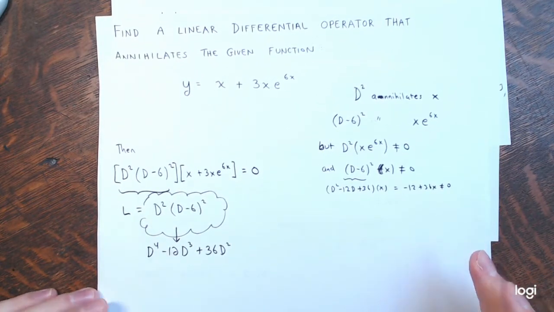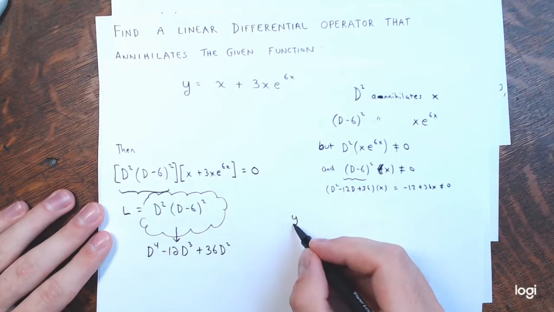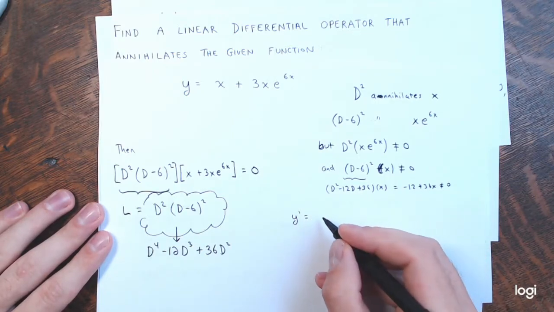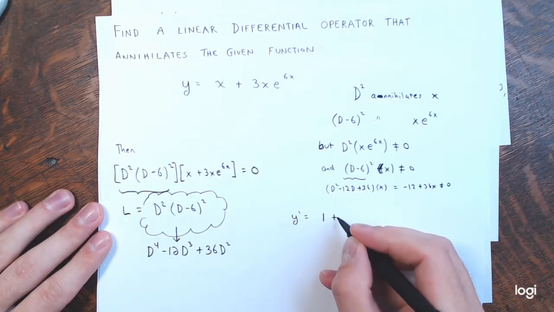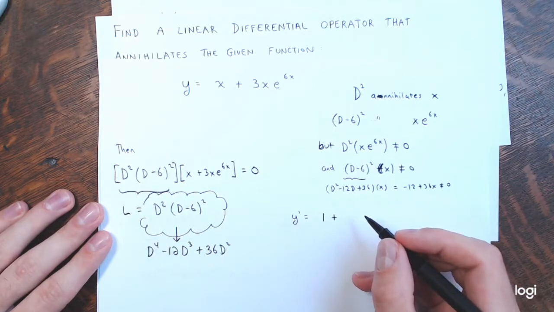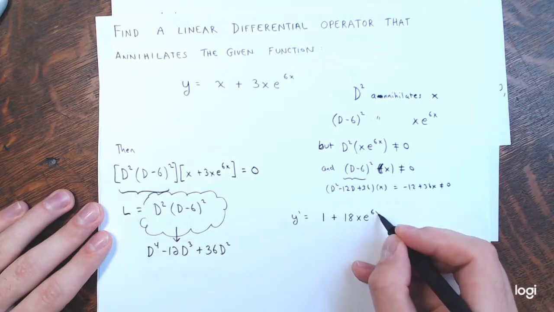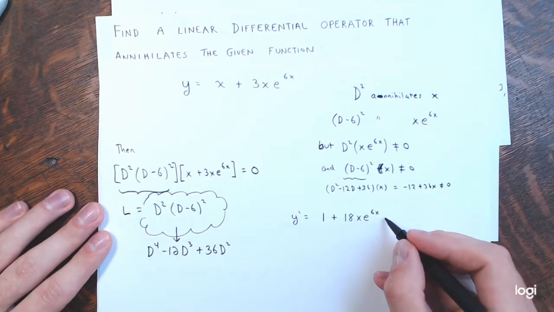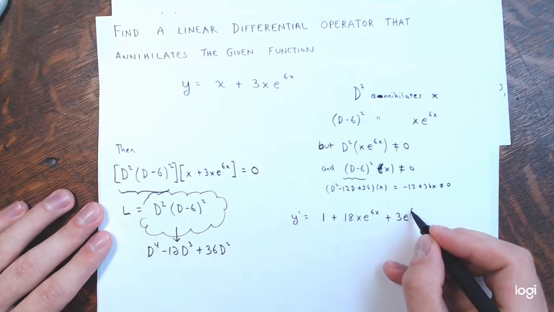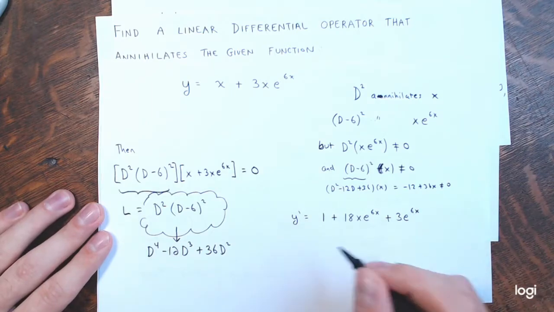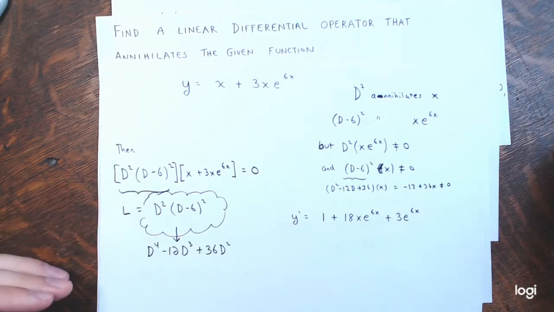So I'm actually going to do first derivative y prime would be 1 plus, and then the product rule here would be 18x e to the 6x plus 3 e to the 6x. All right. And I'll just pause it and come back here when I'm done with up to the fourth derivative.